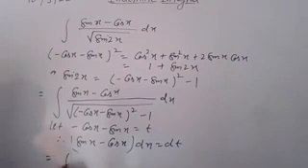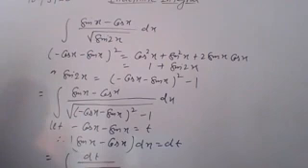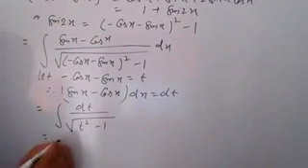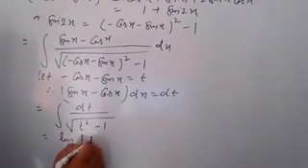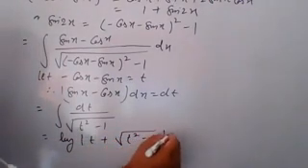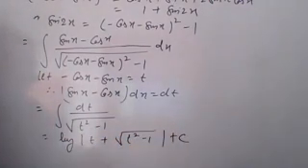So you can write dt upon under root t square minus 1, and its integration is log of t plus the same function, that is root of t square minus 1, plus c.